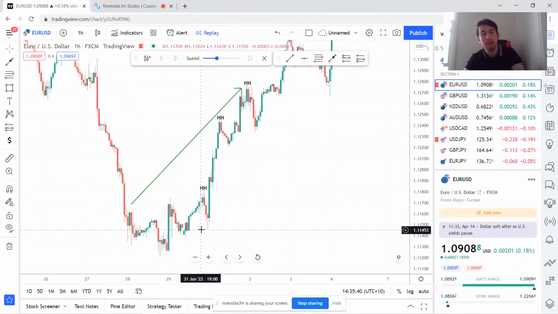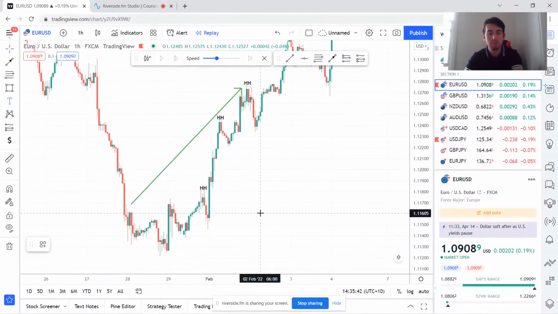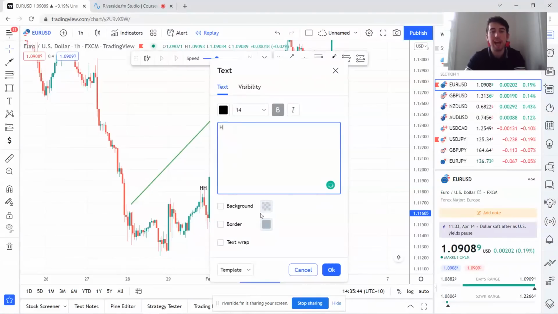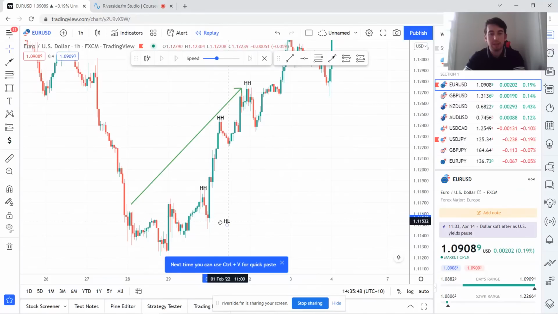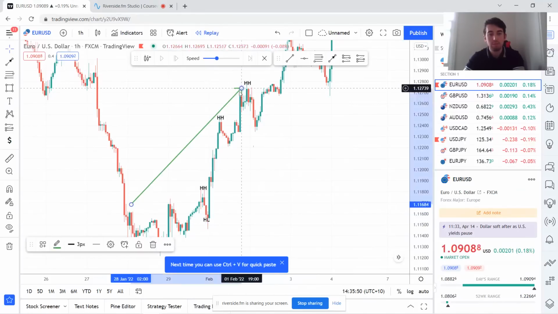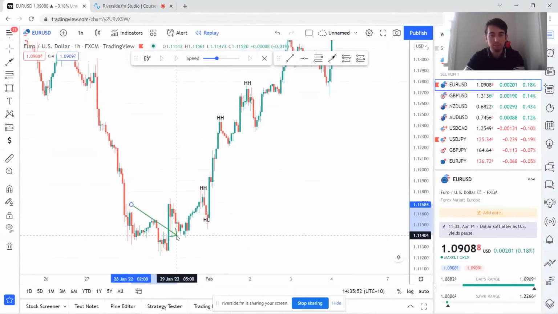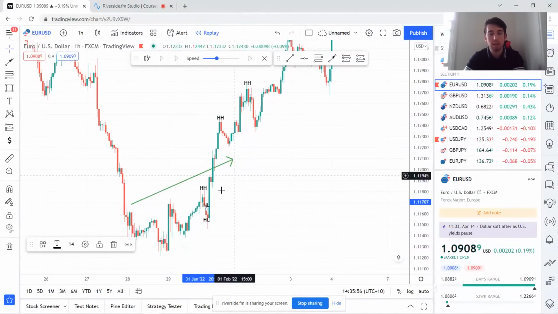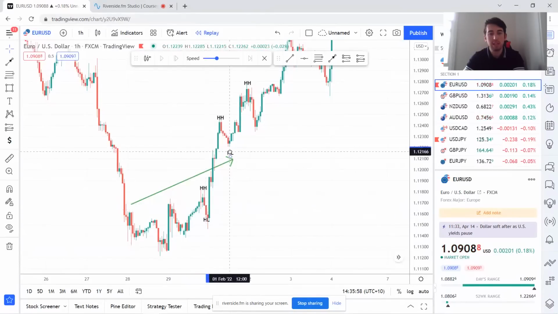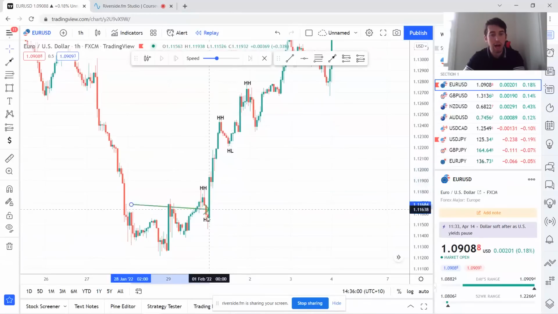Now, when I'm talking about higher lows, I'm going to denote it by saying HL. We obviously see that this low is higher than this one. So it's a higher low. And it's the same thing over here. We can see that this low is quite clearly higher here.